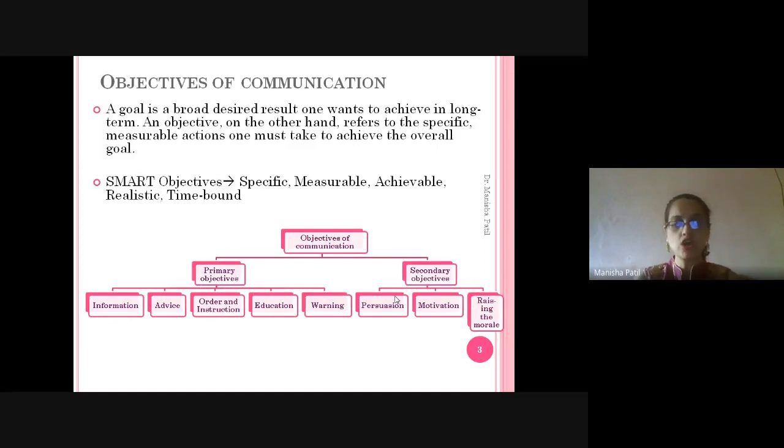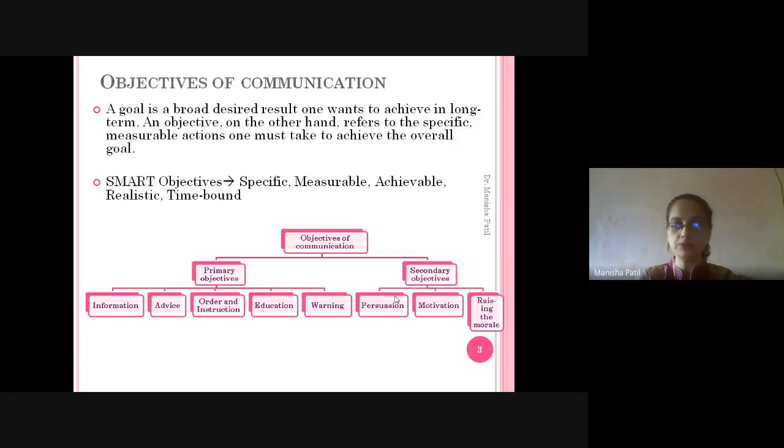So when we talk about objectives of communication, there are two types, primary and secondary. Under primary objectives, you have information, advice, order and instruction, education, and warning.